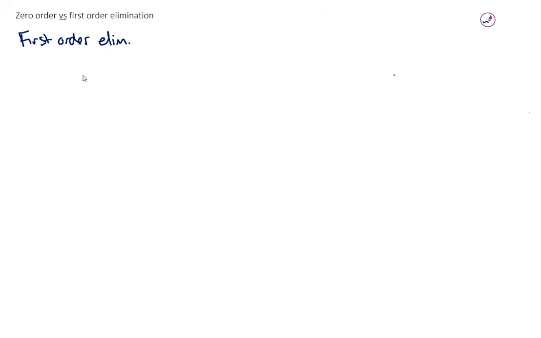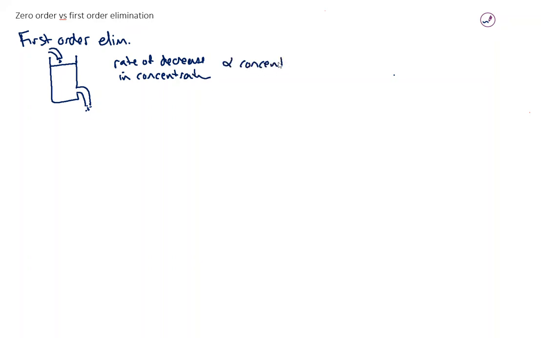In first order elimination, we're modelling the body water as a beaker, and the rate of decrease in concentration, a rate of change in concentration, is proportional to the concentration. If you want a little bit more on that, go back and have another look at that first video.